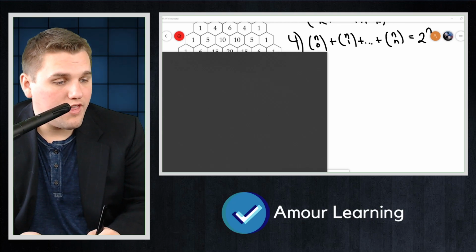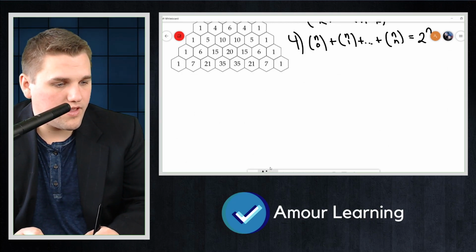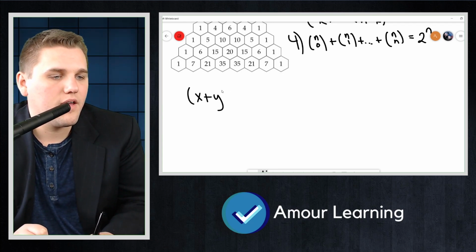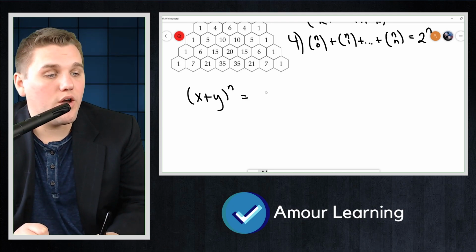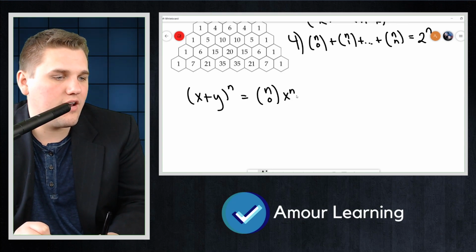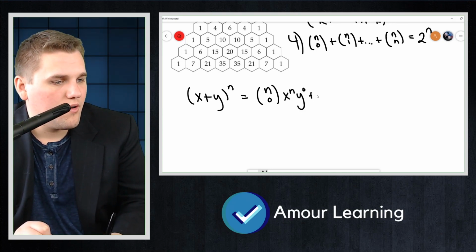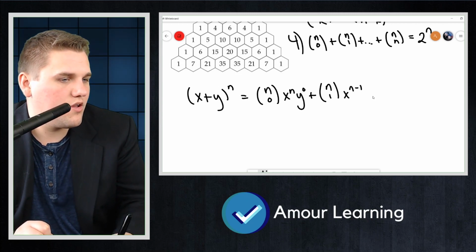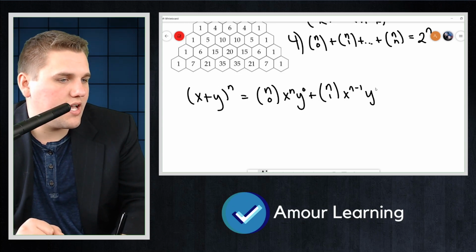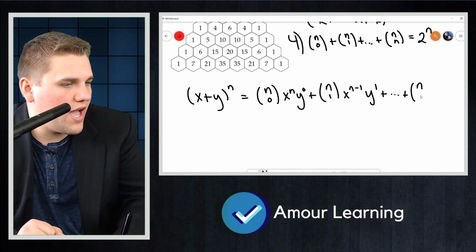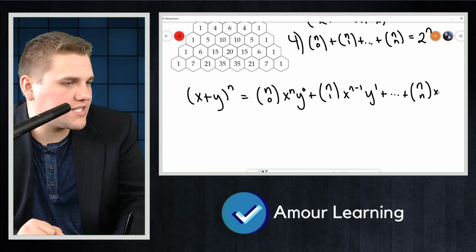So recall that x plus y to the nth power we said was n choose 0 times x to the n, y to the 0, plus n choose 1, x to the n minus 1, times y to the 1, all the way up to n choose n times x to the 0, y to the n.